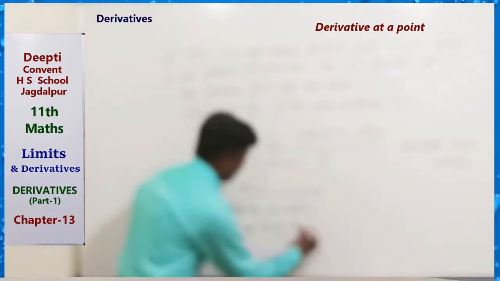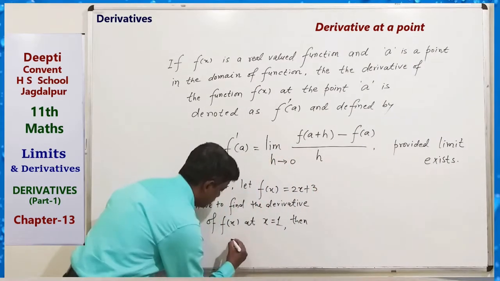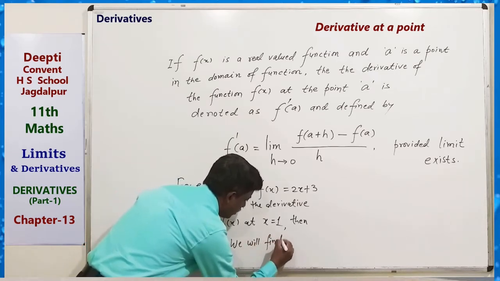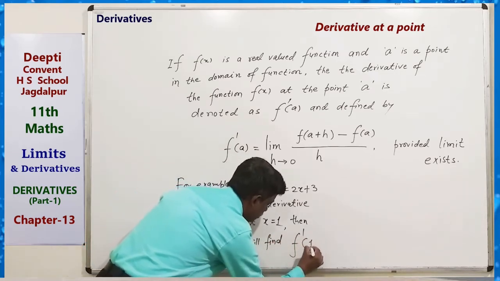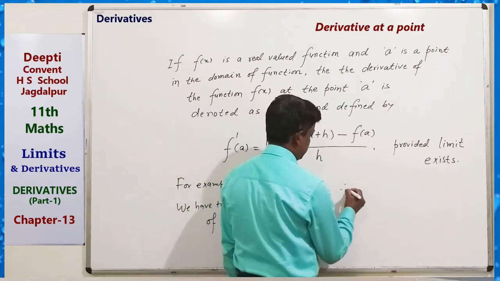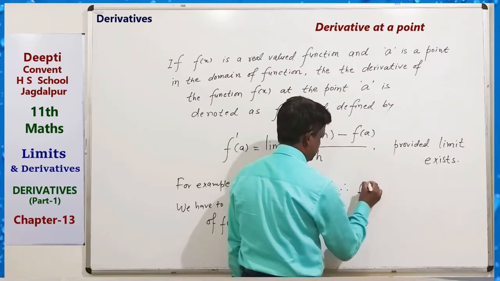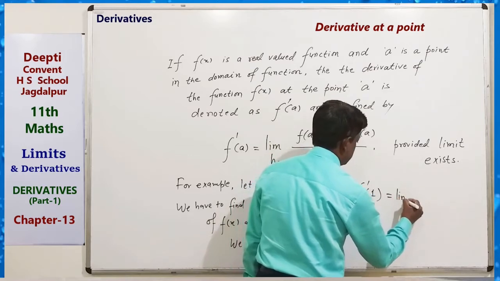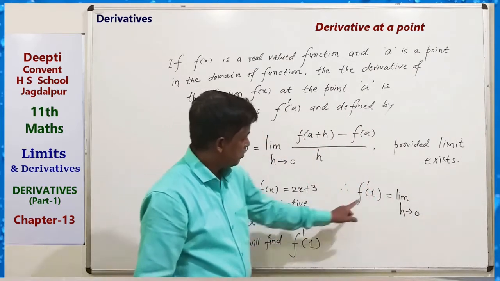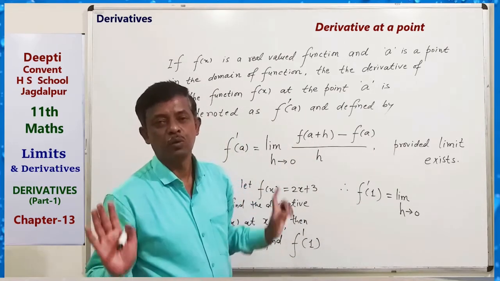Then we will find f dash 1. Now f dash 1 equals limit h tending to 0; f dash 1 means a is replaced by 1, so in place of a, you just put 1.